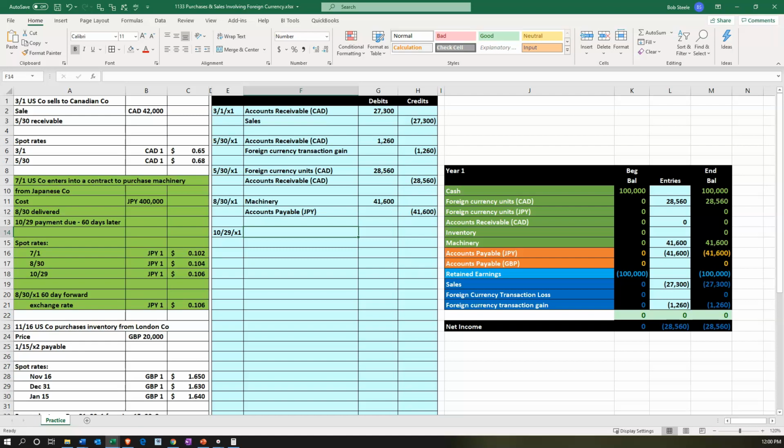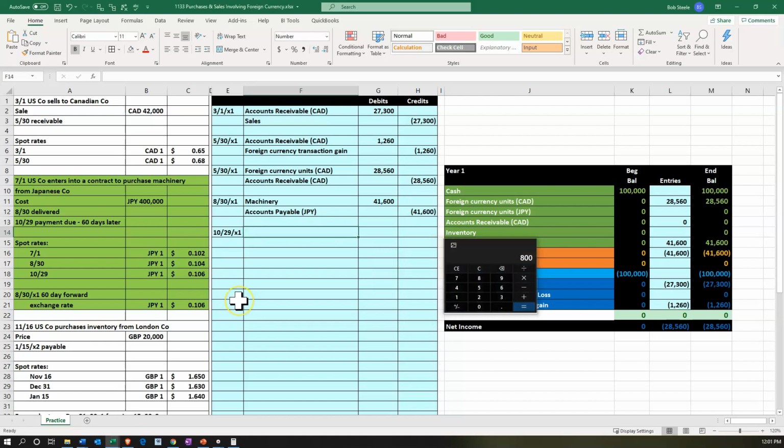Because now we're going to be paying the 400,000 yen, but the exchange rate is different now. It's now at 0.106. So when we pay it, it's really 400,000 times 0.106 at that point in time, which is 42,400, minus the original amount, which was the 41,600, is going to be an $800 difference. And that $800 difference is now going to result in a loss.